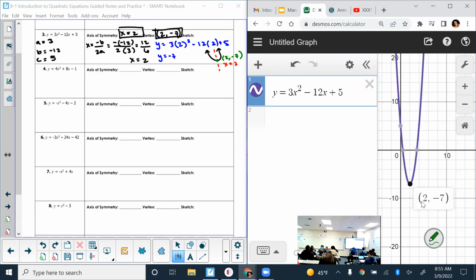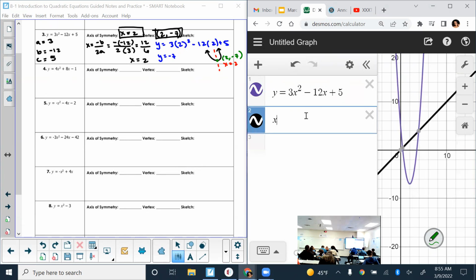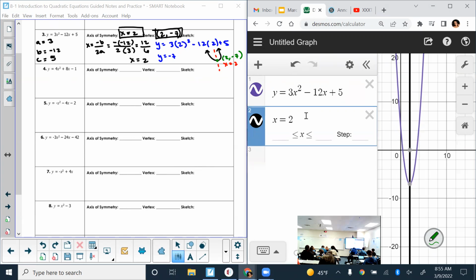The vertex is at 2, -7, so just hover over it. And if I type in the axis of symmetry, x equals 2, it is a line that goes down the center of the graph. All right, so axis of symmetry is a line, you need the x equals. Questions about that?